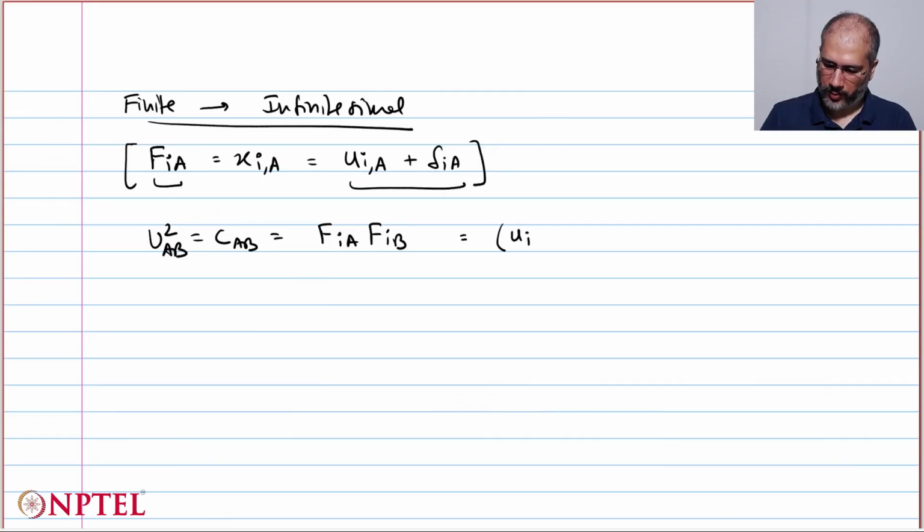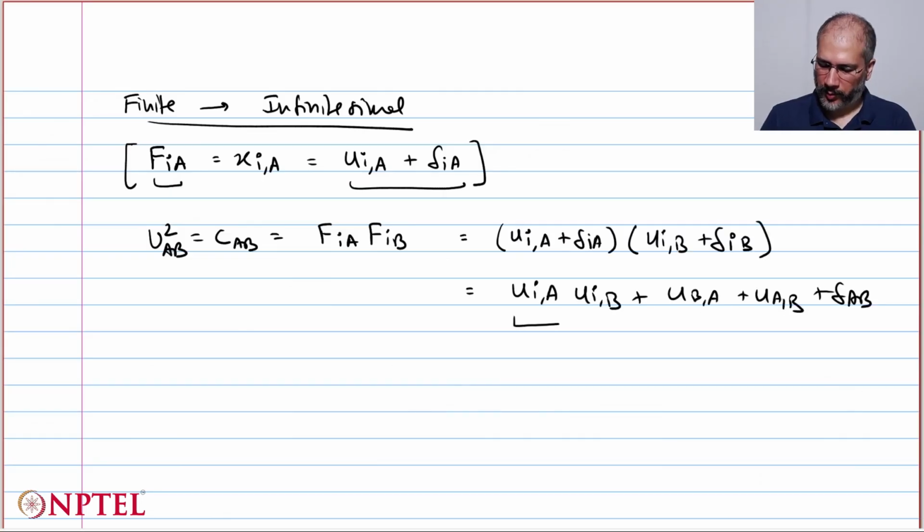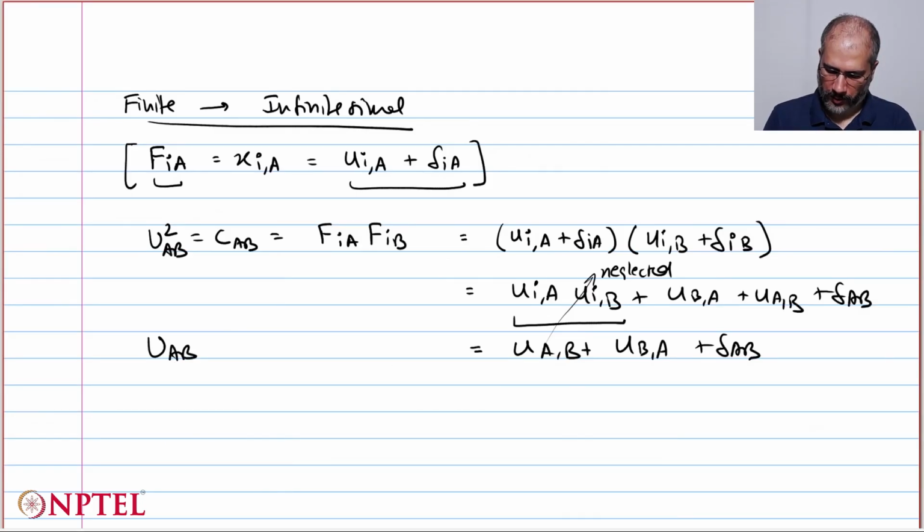So this becomes u_i comma a plus delta_ia. And remember, under small deformations, this square term can be neglected. So this simply becomes, and remember this is U_ab squared. And we are interested in U, so U is a square root of this.